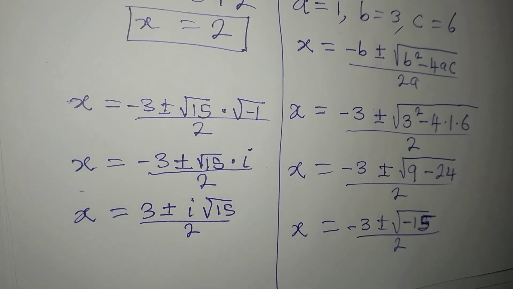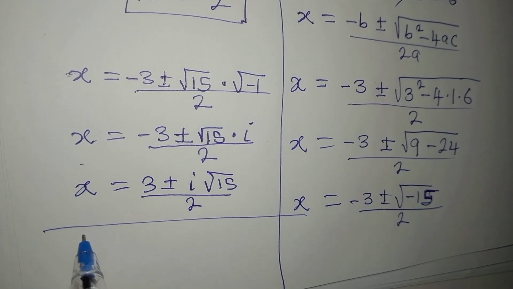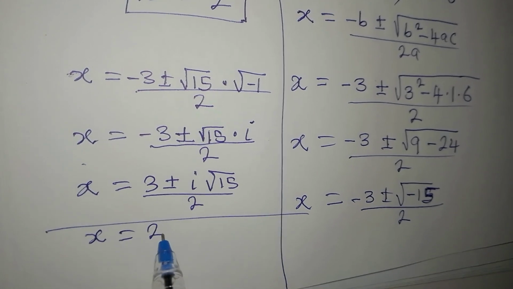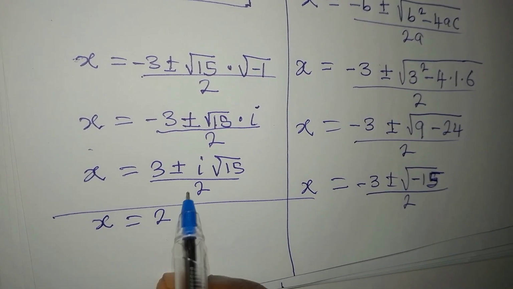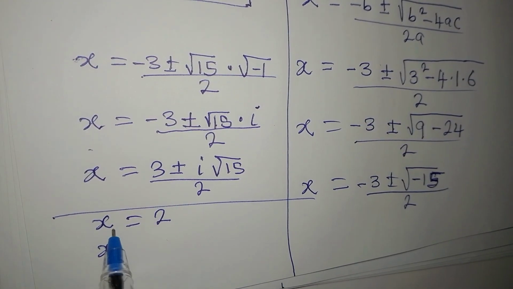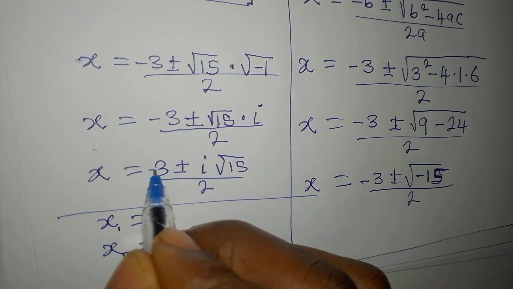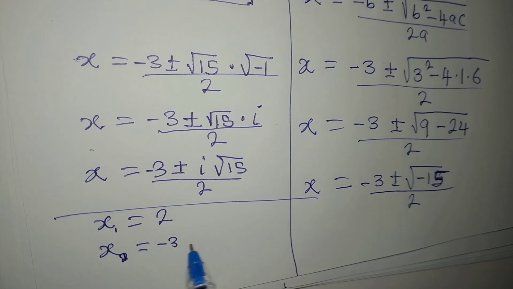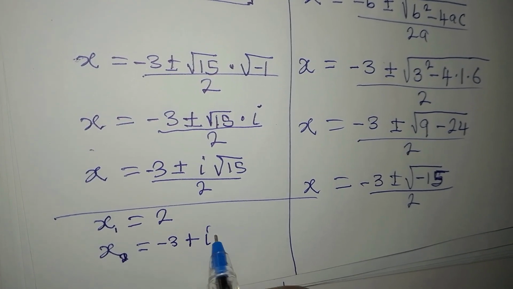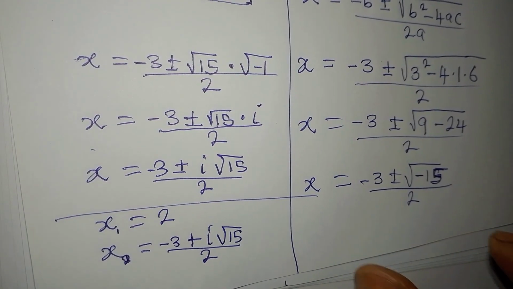And then we already had one solution before, and it is x equals 2. Now from here we have another solution. This is x1, this is x2, equals minus 3 plus i root 15, everything divided by 2.